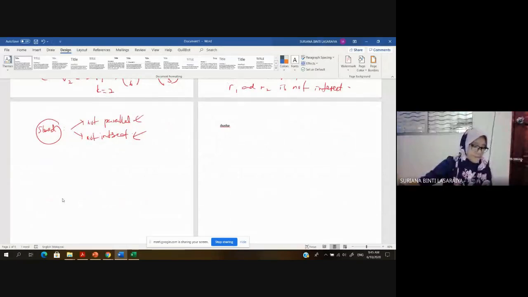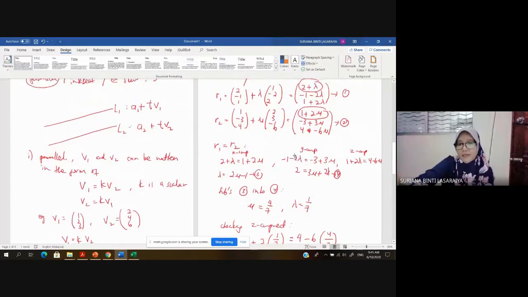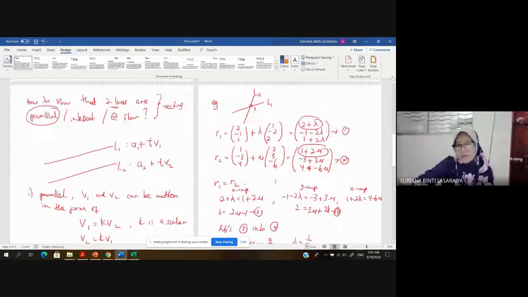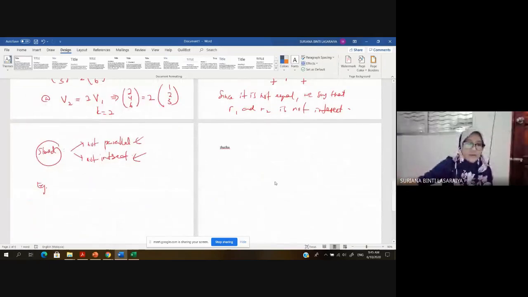Boleh? Kita gunakan example yang sama ya. Macam ini tadi, dia tidak intersect. Is it parallel? Kalau kita tengok yang ini, dia punya direction vector 1, negative 2, 2 and 2, 3, negative 6.